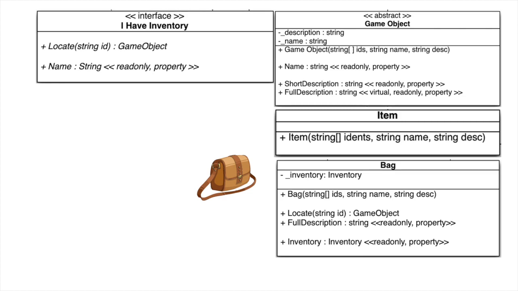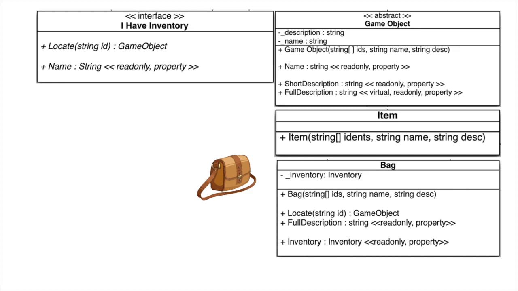Also, it actually doesn't make sense to have interface as an abstract or as a class, because sometimes different objects can't implement the same interface just because of one functionality.